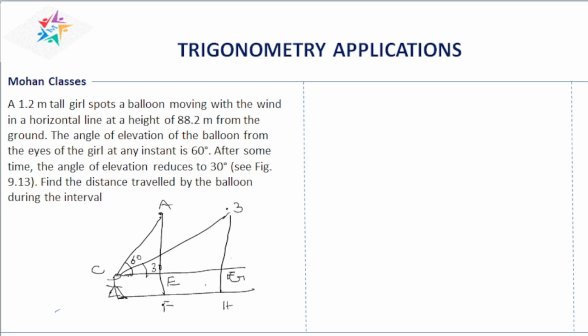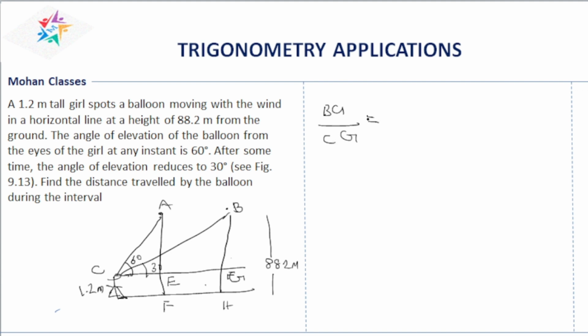So now in triangle C, this is B, right? Now the height has been given as 88.2 meter, the height of the balloon from the ground level. Then the height of the girl is 1.2 meter. Okay. Now in triangle CBG, we are going to write BG divided by CG.